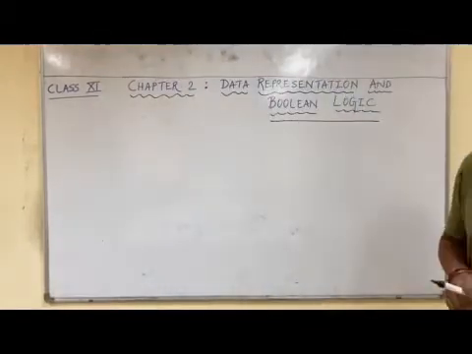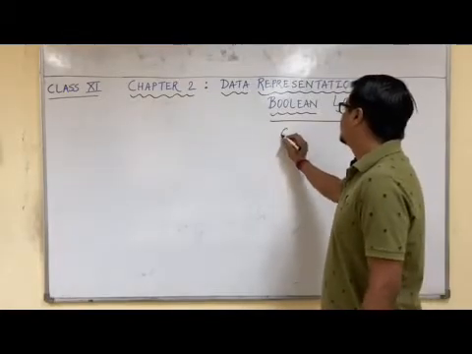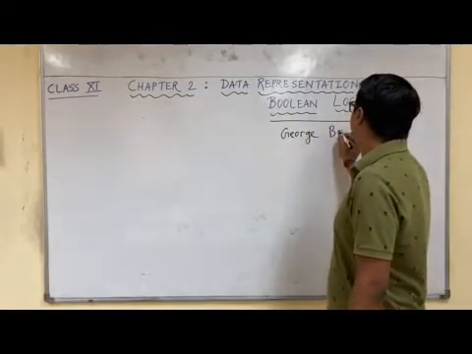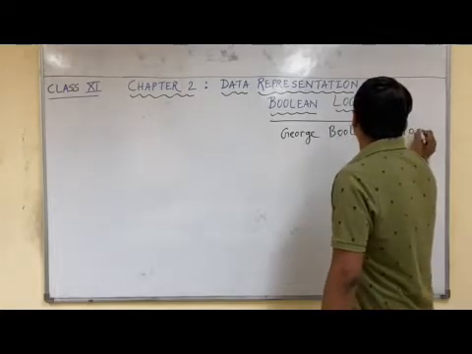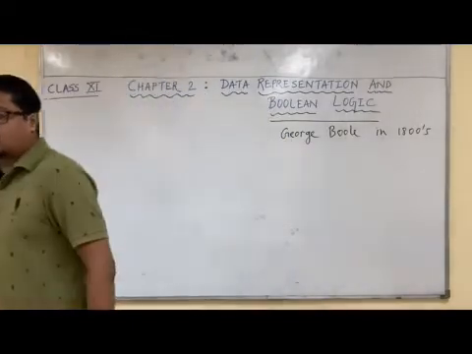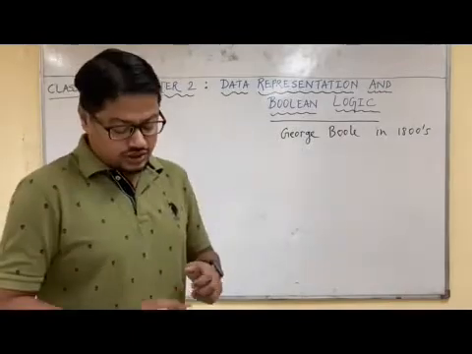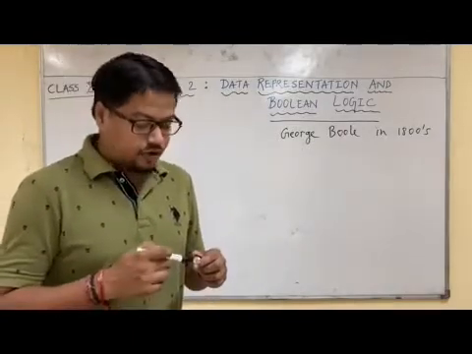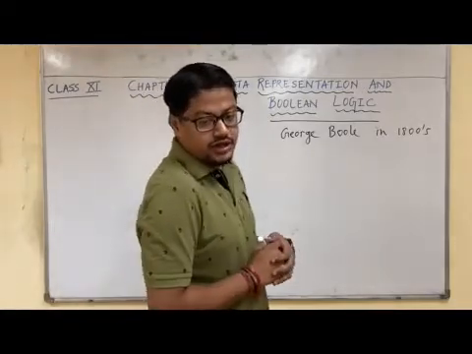Boolean logic was developed by George Boole in, I think, the 1800s. His logic of Boolean algebra was later used in the formation of circuits for computer systems. So I again repeat, what is Boolean logic?